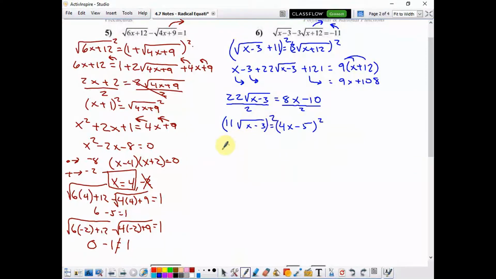And so when I square this side, I get 121 times x minus 3. And on this side, the first term squared is 16x squared. Double the product. The product is negative 20x. Doubled is negative 40x. And the second term squared is 25. Next thing I want to do is distribute.